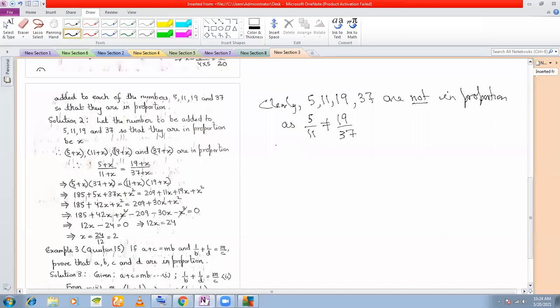So what number should be added or what number should be subtracted? Here they have said what number should be added. So I say let x be added to each of 5, 11, 19, and 37 so that they are in proportion.